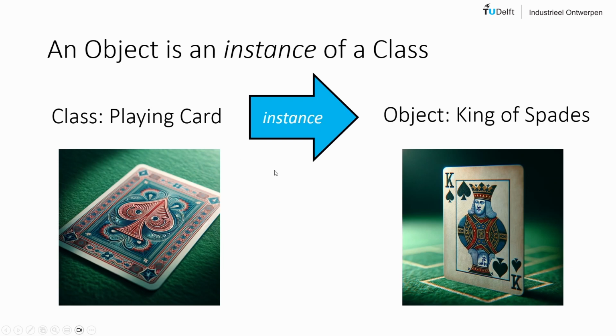So let's use cards as an illustration of this. We might create a class for playing cards. That's the generic option, just like Boolean is generic and integer is generic. We're going to make a class that we're going to call playing card, and then we can create one or more instances of that class.